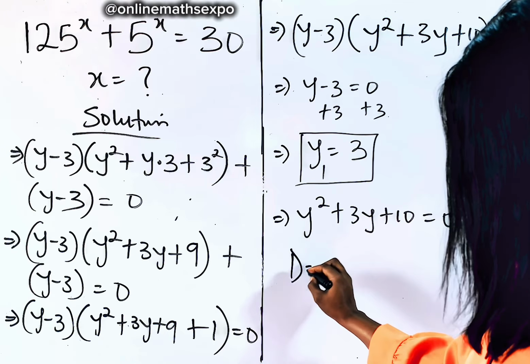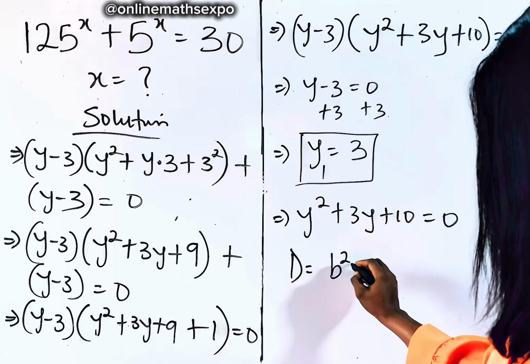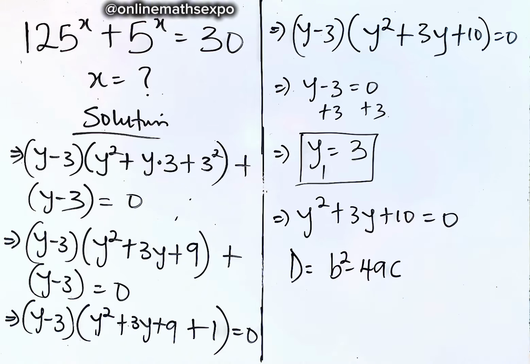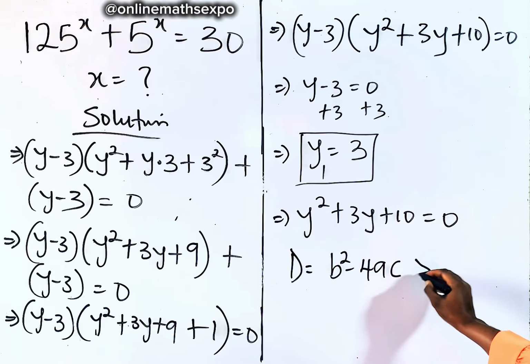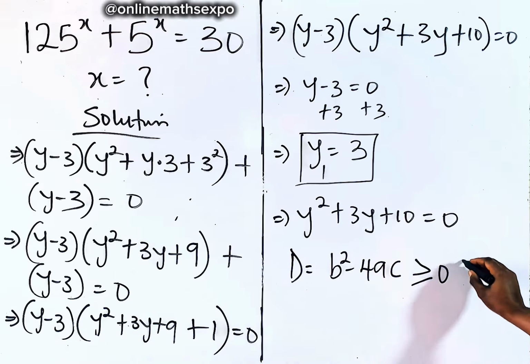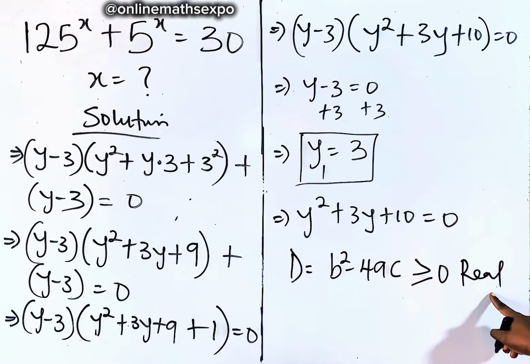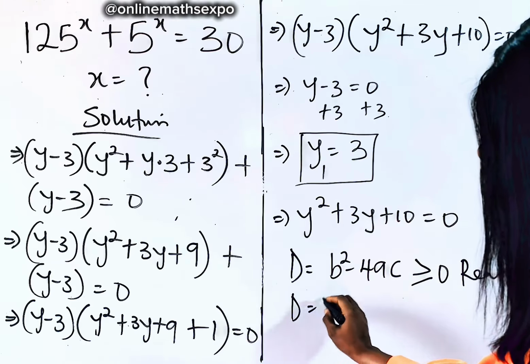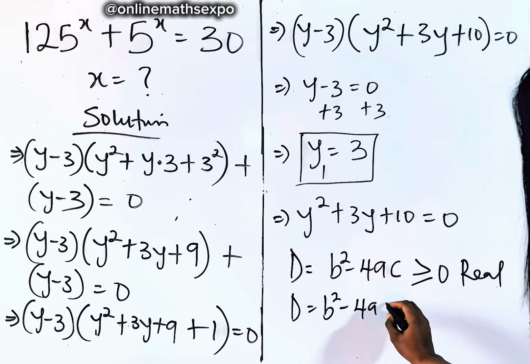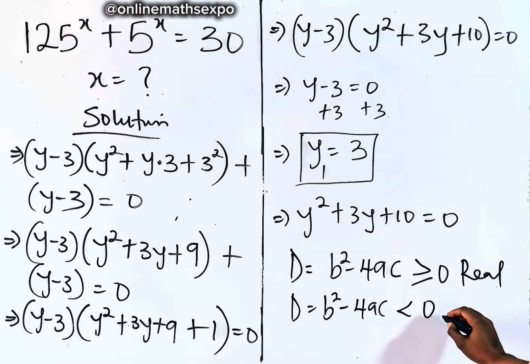And it says that our d is b squared minus 4ac. Now, if this gives us a value that is greater than or equal to 0, it means we have real solution and we are going to accept. But if our d gives us a number that is less than 0, it means it's giving us complex and we are going to reject.